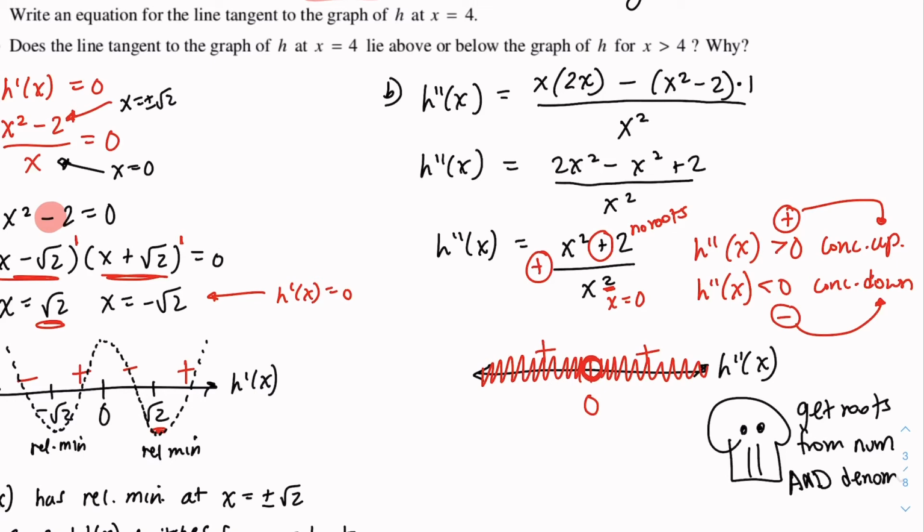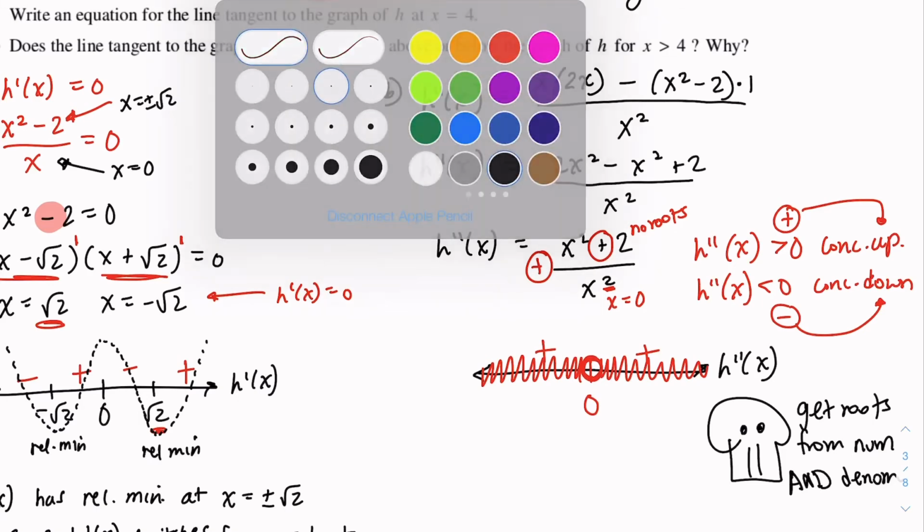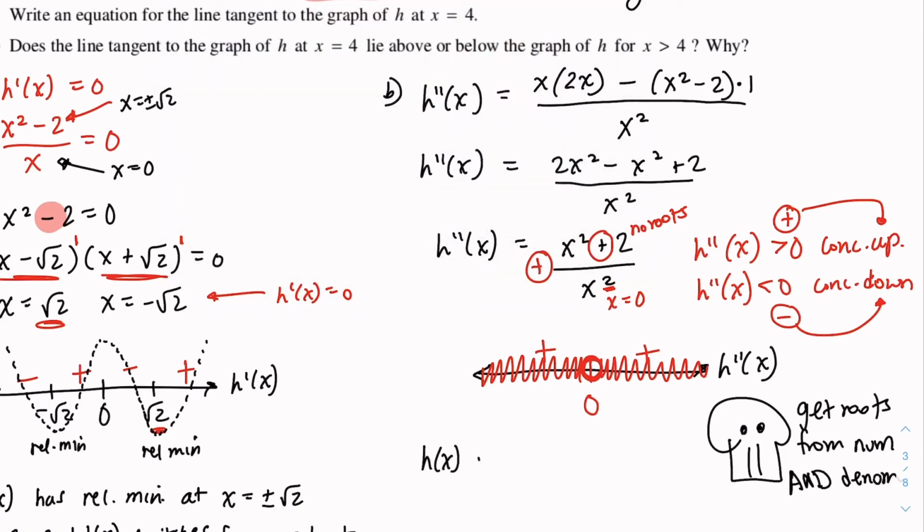Or actually, here, h double prime doesn't exist at 0, because it would be the denominator that's 0. Regardless, we can make our conclusion. H of x is concave up on the interval negative infinity to 0 and then 0 to infinity.